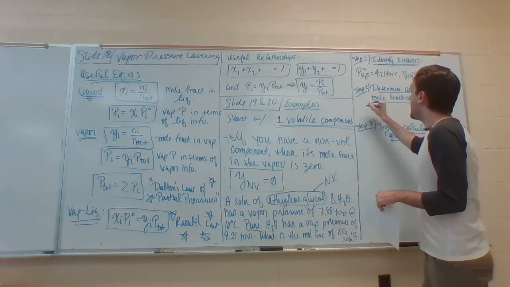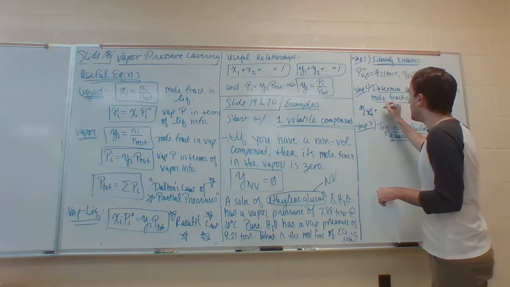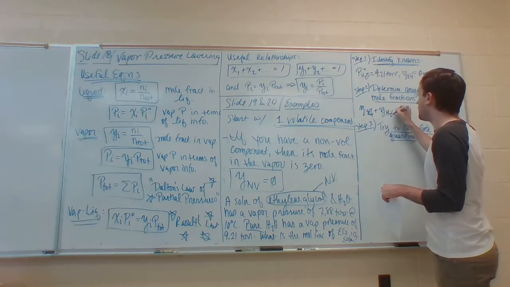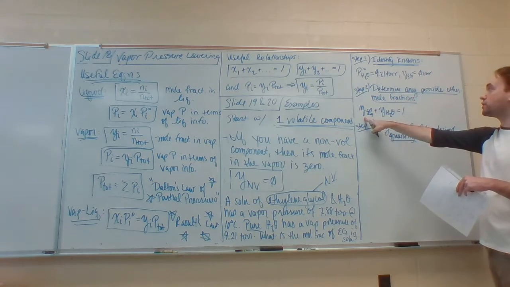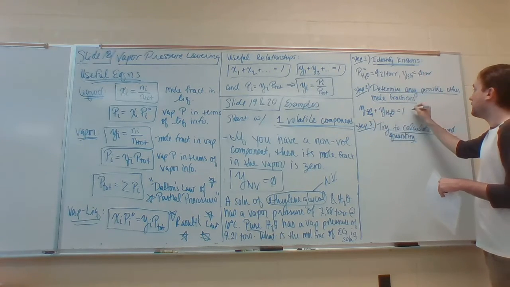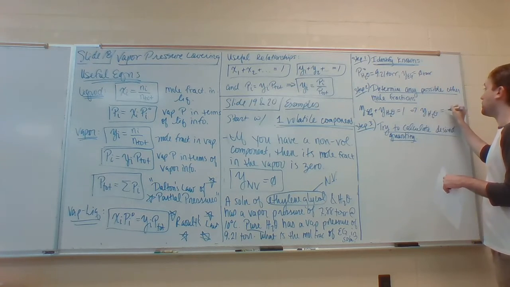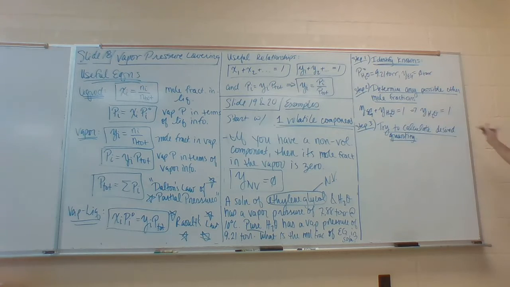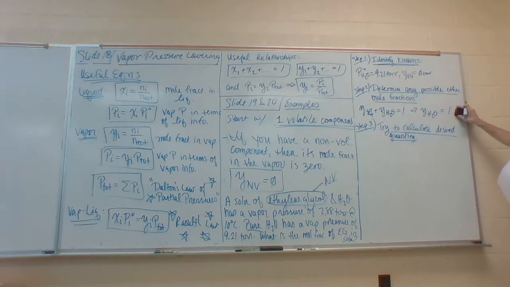So our mole fraction of the ethylene glycol in the vapor plus our mole fraction of the water in the vapor has to equal 1. Well, if ethylene glycol's mole fraction in the vapor is 0, then my mole fraction of the water in the vapor has to equal 1. There's no torr on that. There's no units.